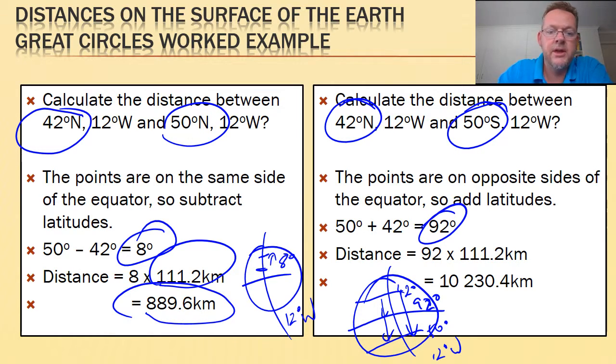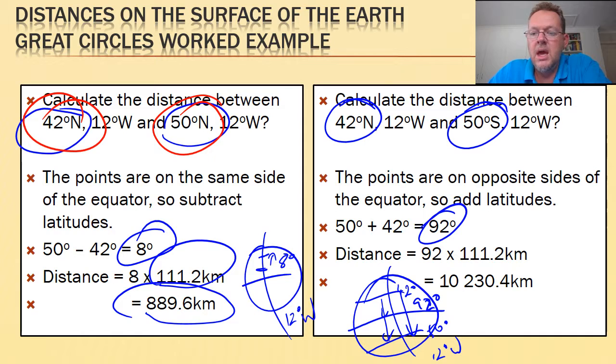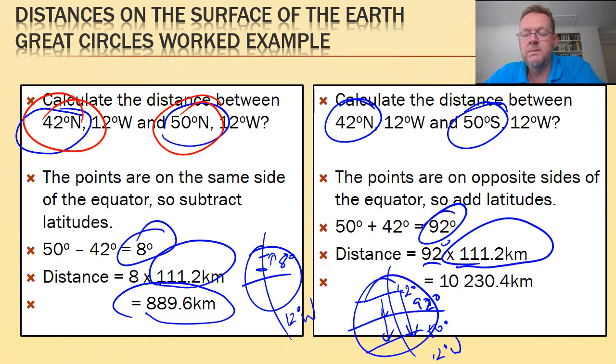If I am on the same side of the equator, I'm just going to minus them. So work out your angular distance and multiply it by 111.2 kilometers per degree. In this case, we've traveled 92 degrees, and we need to multiply that by 111.2 for a total of 10,230.4 kilometers.